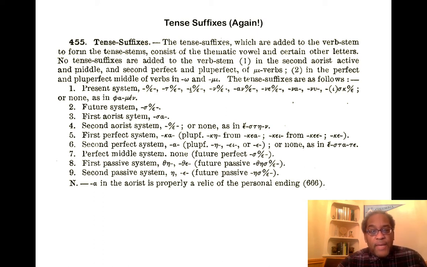And then the second passive in simply eta and epsilon, with the future passive with eta sigma, with the thematic vowel. So again, this tense suffix chart I think is very helpful in just getting a synopsis of what you're working with, as the various tense suffixes create the tense stem of the verb.